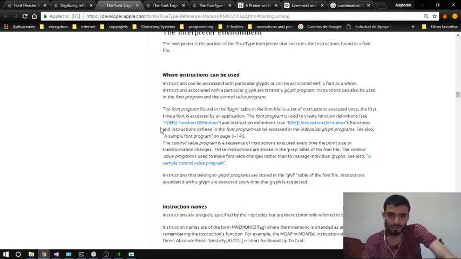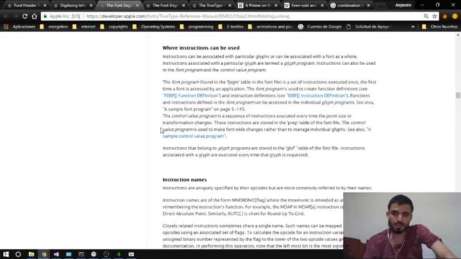Functions and instruction definitions define the font program and can be accessed in the individual glyph programs.